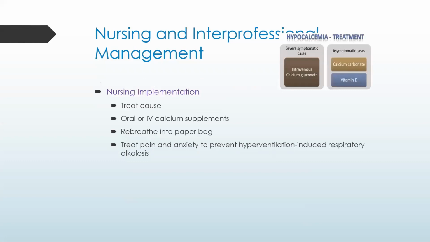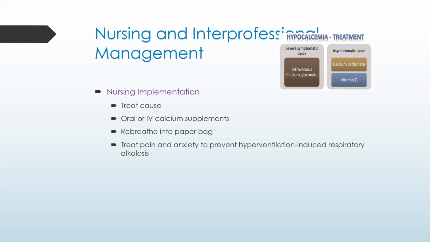The primary goal of treatment for hypocalcemia is to treat the underlying cause. Treating mild or asymptomatic hypocalcemia involves a diet high in calcium-rich foods, and calcium and vitamin D supplementation. Symptomatic hypocalcemia is treated with IV calcium gluconate.